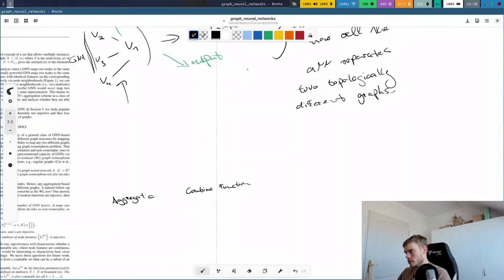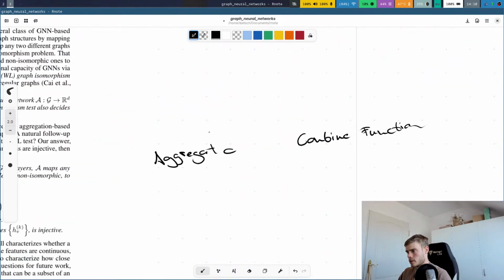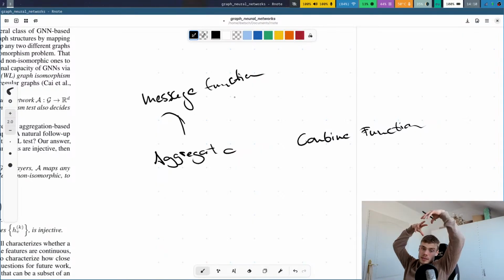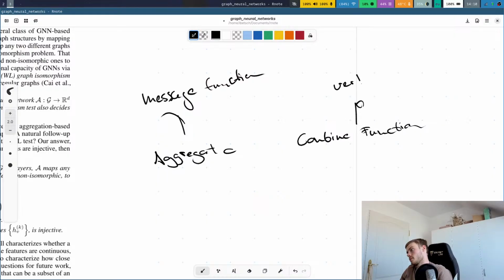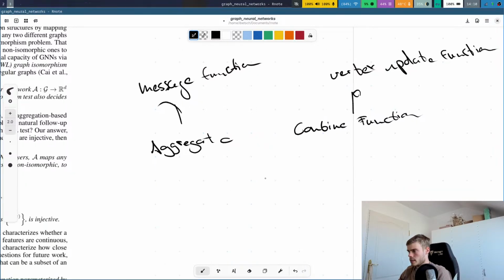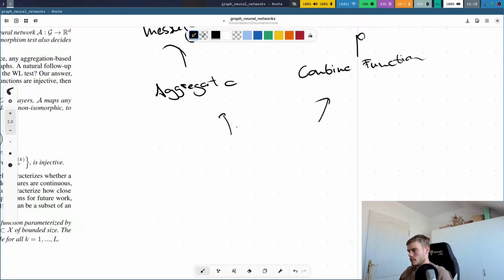The aggregate function, this is what they called the message function in the paper we read yesterday, which aggregates the embeddings of all of the nodes in the neighborhood, and the combine function they called the vertex update function. Okay, and they said these should be injective, and also the readout. They should all be injective.